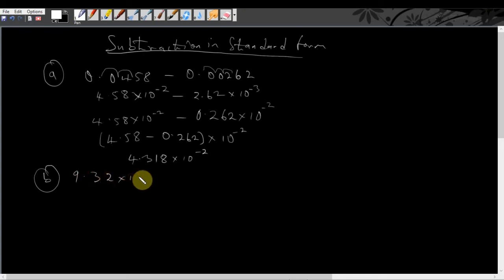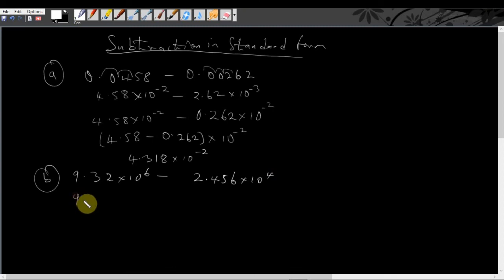B, you are given 9.32 times 10 to the power 6 minus 2.456 times 10 to the power 4. This one is already in standard form. What are you going to do? You can make this one become 6, and then begin from the numbers before this 2 to make the counting go up to 6.